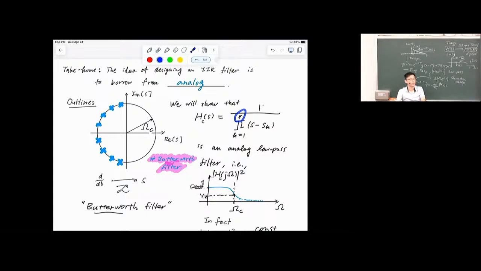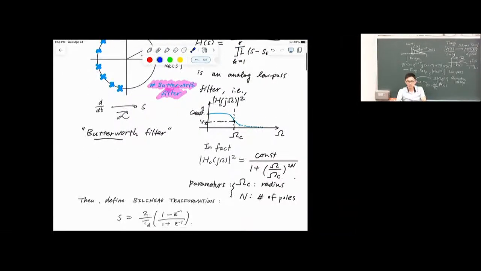So n is the order of the filter, and it gives us control of how fast we want the response to make a transition from the pass band to the stop band. Let me say that again: n controls how fast we want the response to make a transition from the low-pass region, from pass band to stop band. So what does that mean?